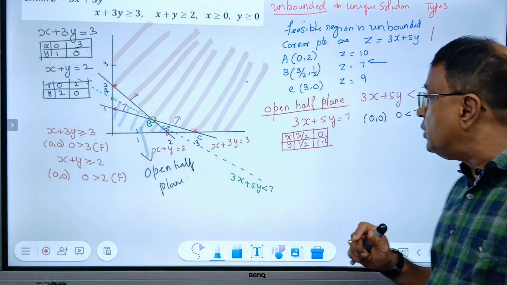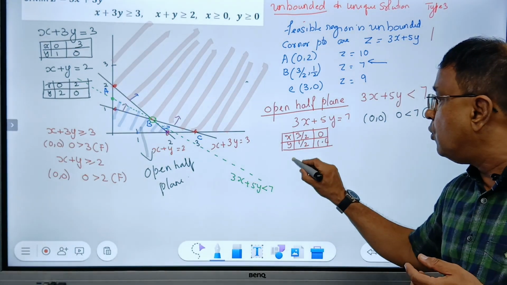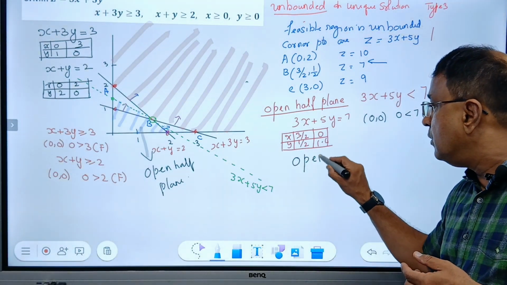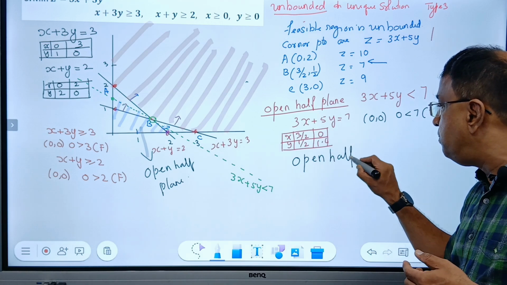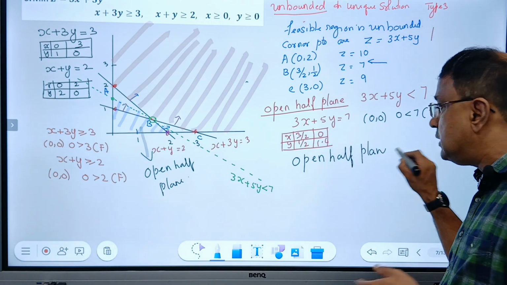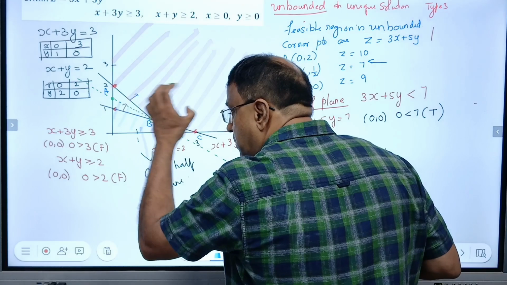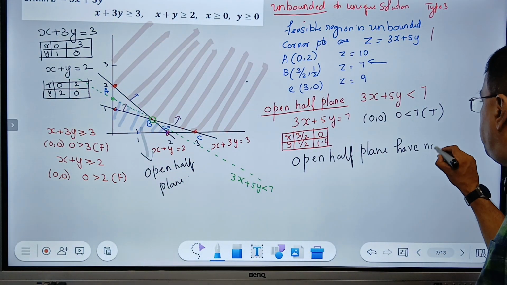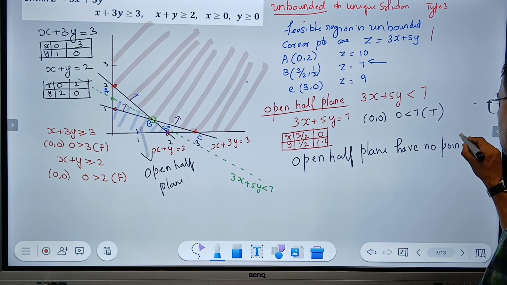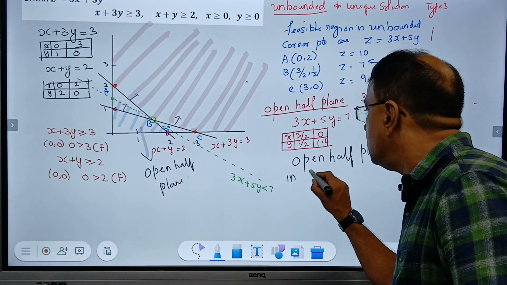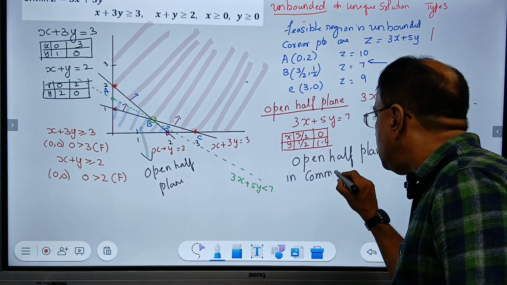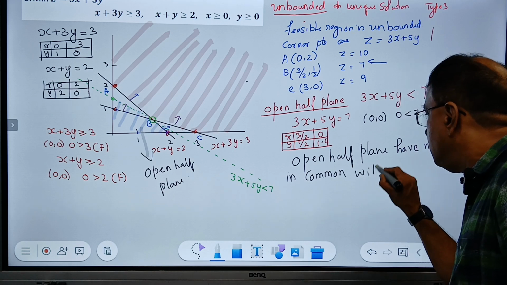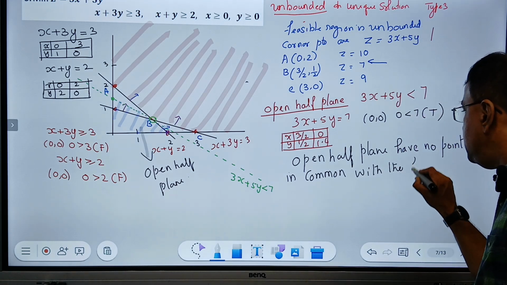Okay. So here you have to make a statement. The open half plane, that is this blue shaded region, has no point in common with the feasible region.